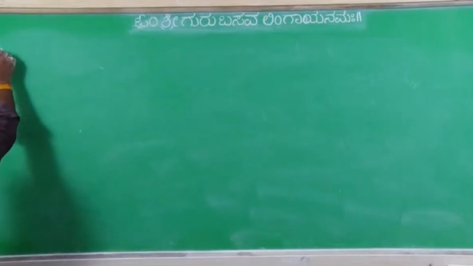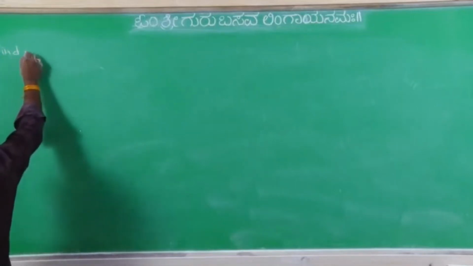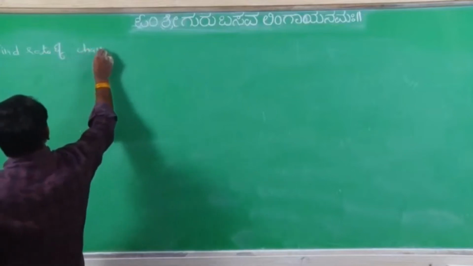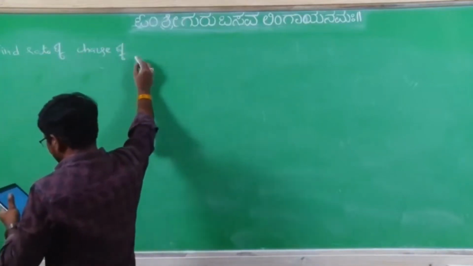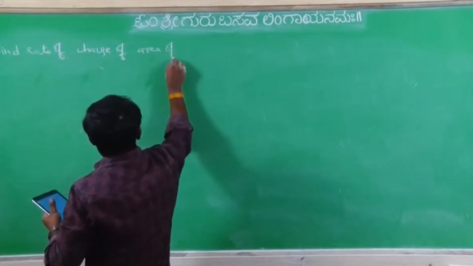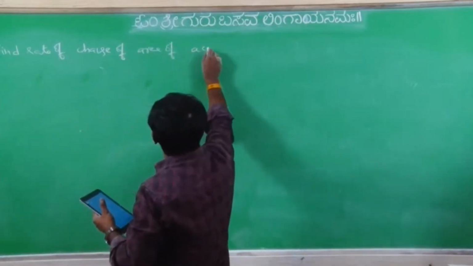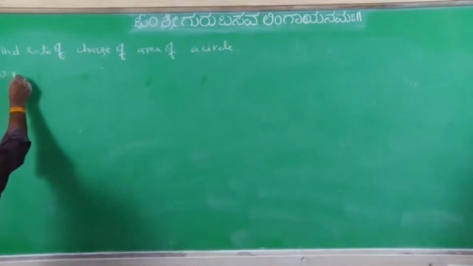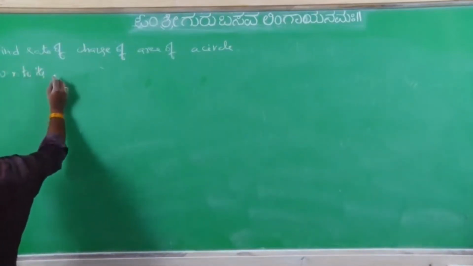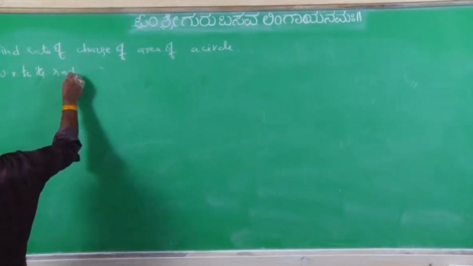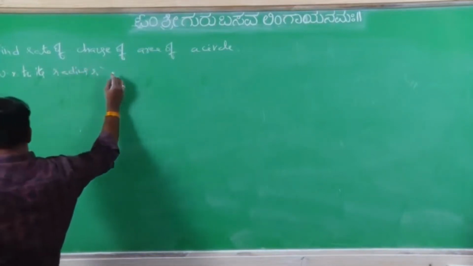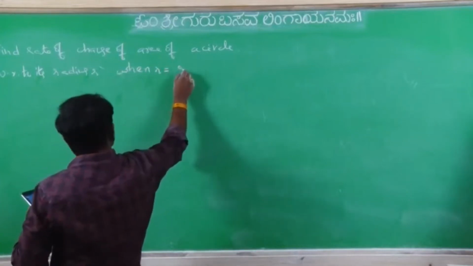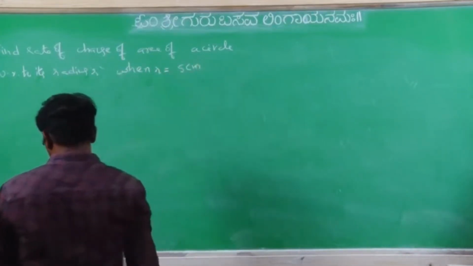First one, find the rate of change of the area of a circle with respect to its radius r when r equals 5 centimeters.